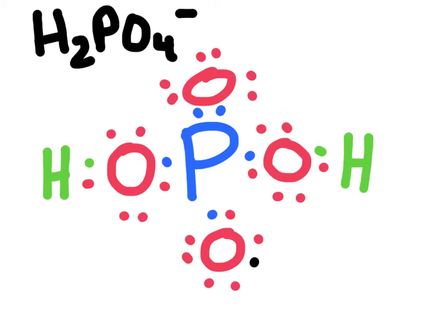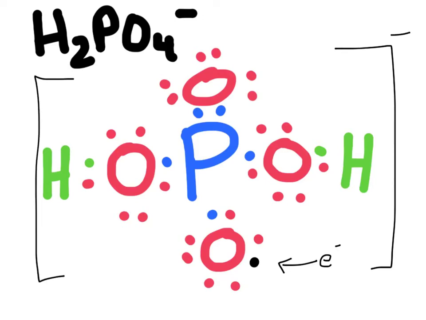Phosphorus has its 8 around the center, and then we have this 1 oxygen right here that needs an extra electron, and that's where we get the -1 charge.